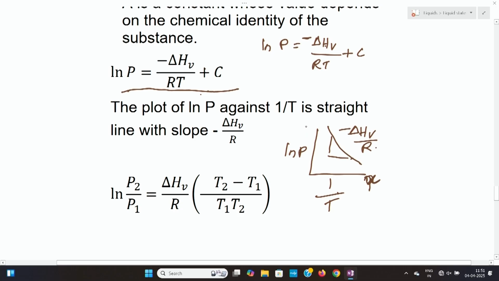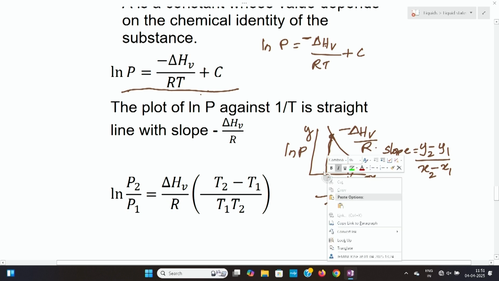This is the x-axis, this is the y-axis, and here we have x values. So the slope can be calculated by y2 minus y1 divided by x2 minus x1. Here one value will be our x2, and the corresponding value here will be our x1.